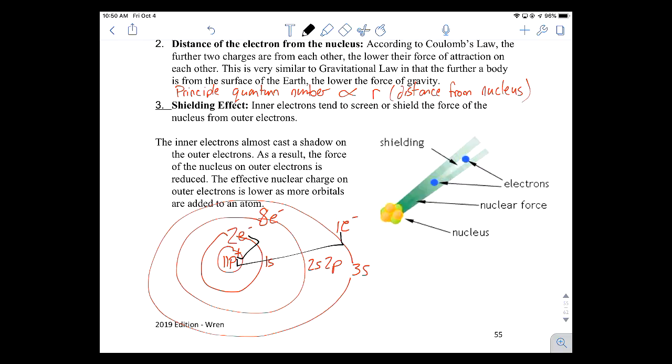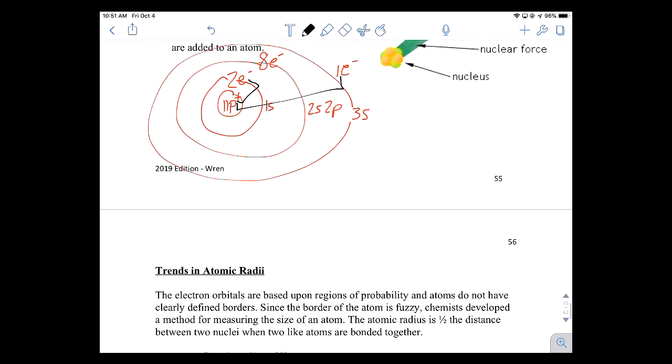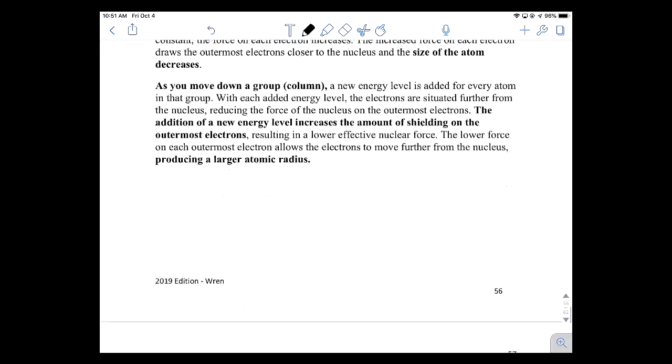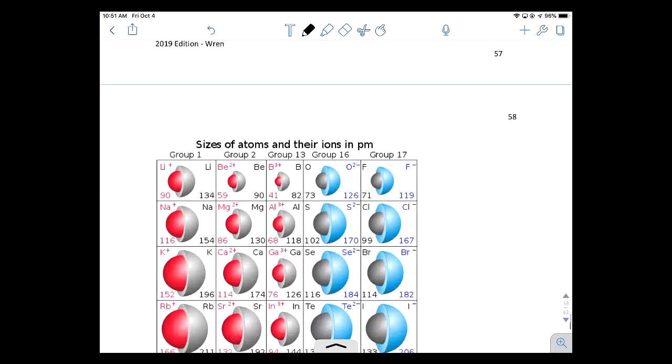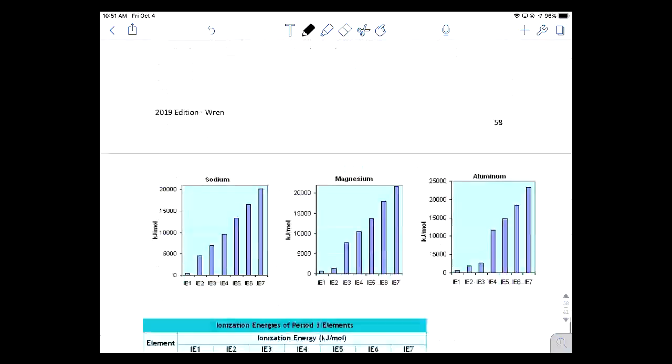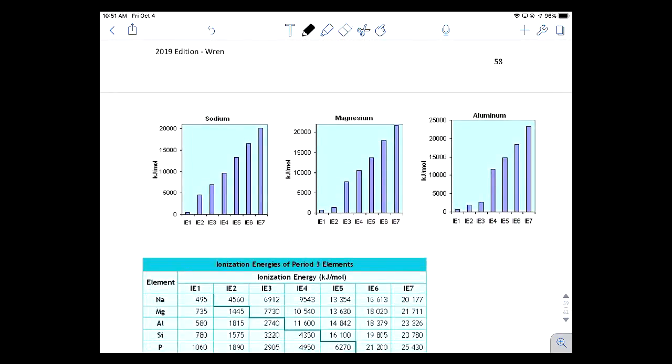And then because it's also shielded by 36 electrons, the amount of force holding that one electron is very low. So very easy to remove it. And that's going to translate into ionization energy and radius, which we'll start to talk about a little later.